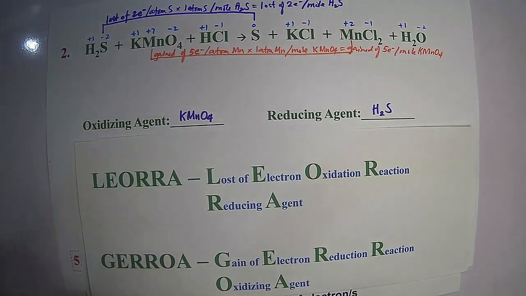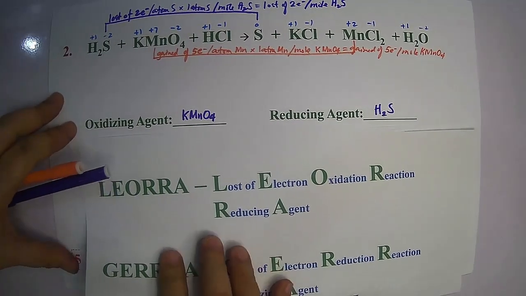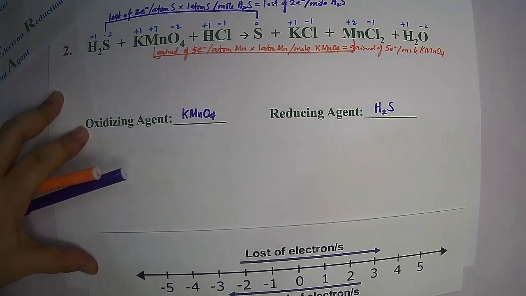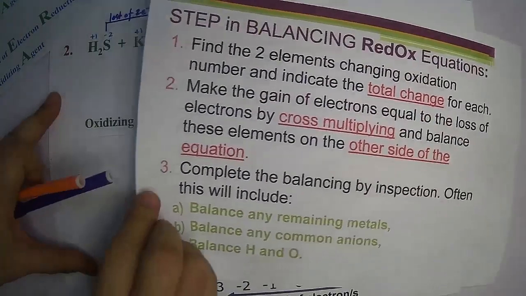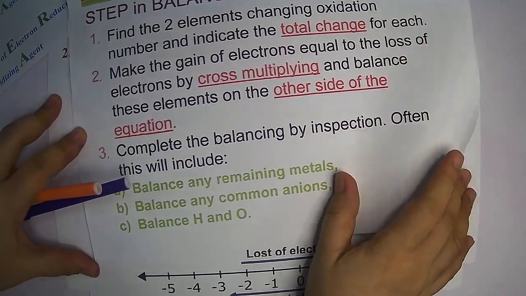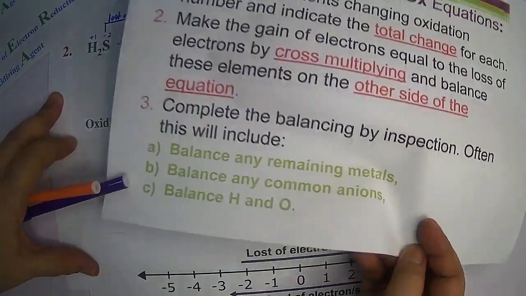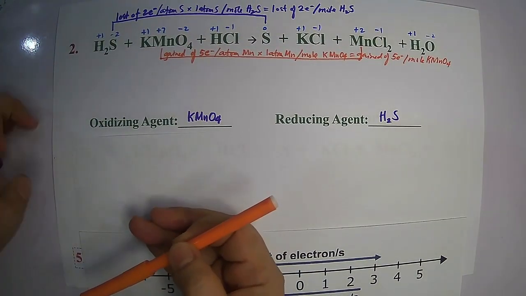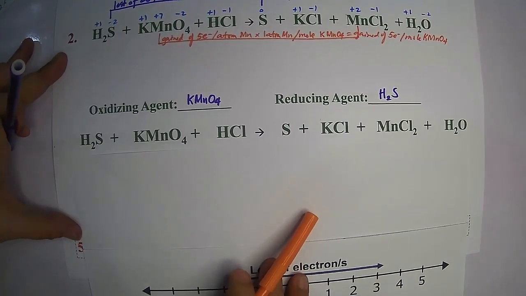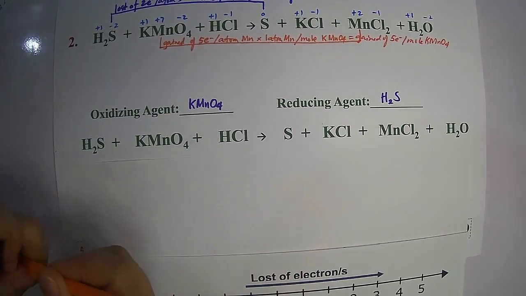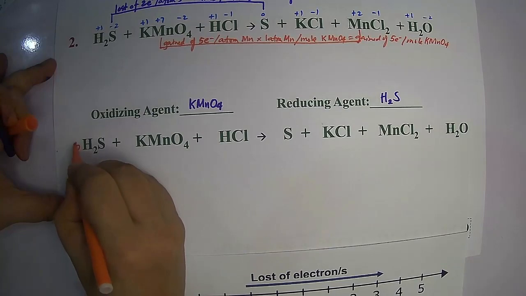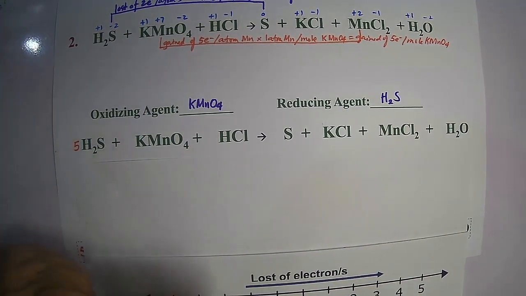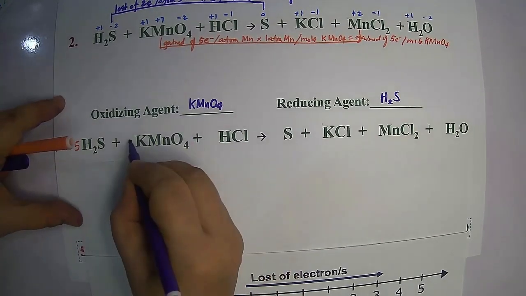Okay. Now the next step is we cross multiply the loss and gain of electrons. So the 5 that is gained by manganese is coming from sulfur. So we multiply sulfur by 5 and the manganese by 2.